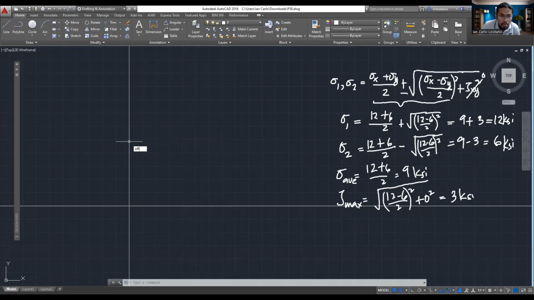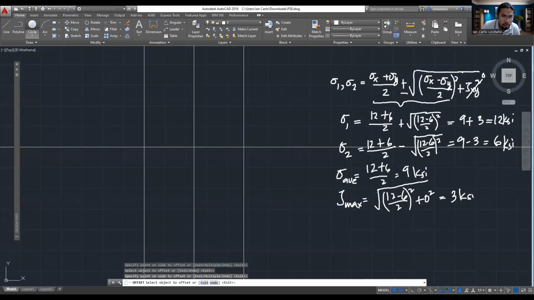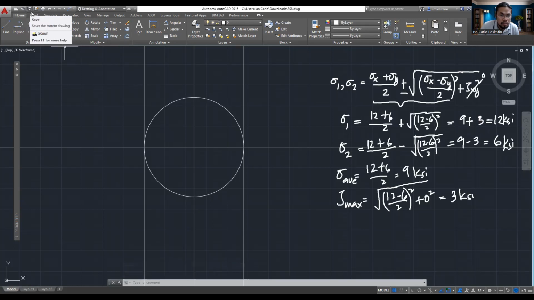We want to create a circle that has the 2 end points identified, so 2P, since we have the stresses here.